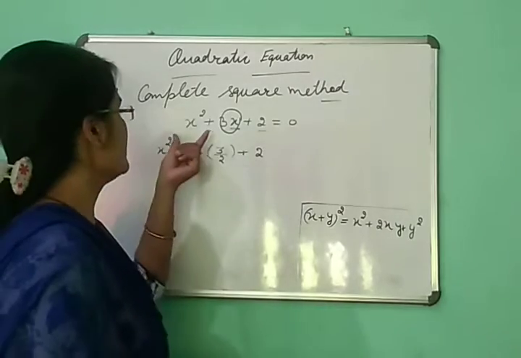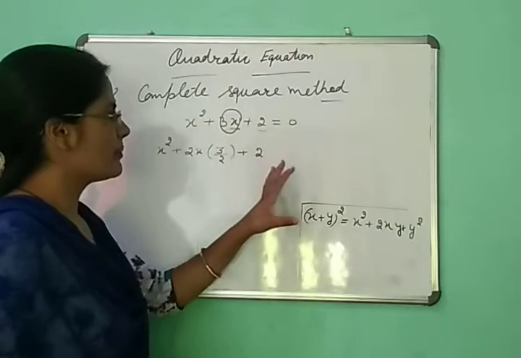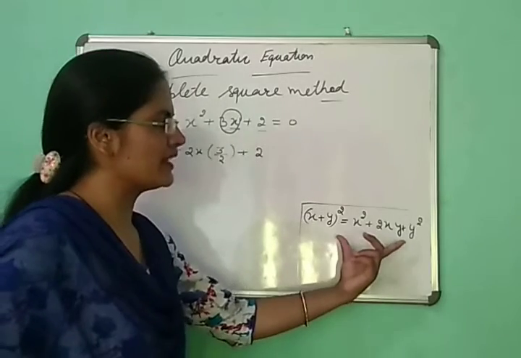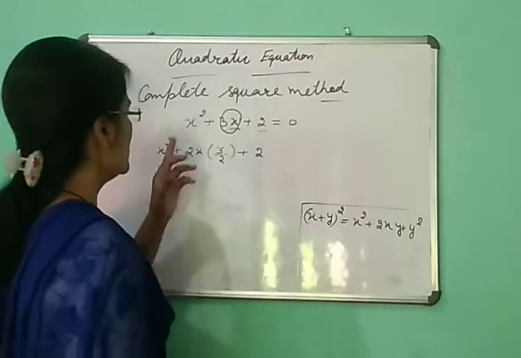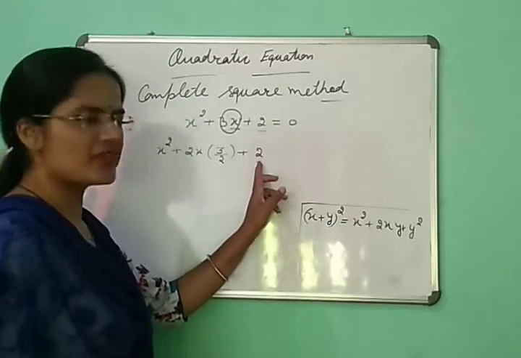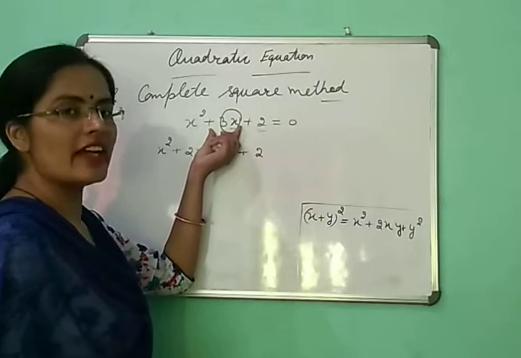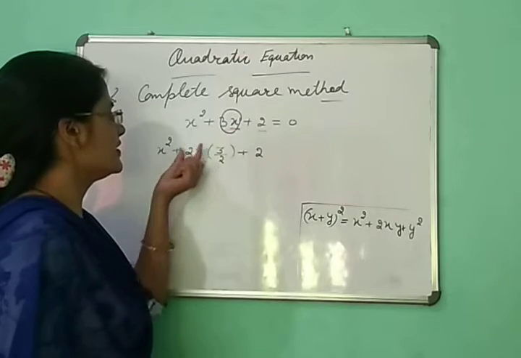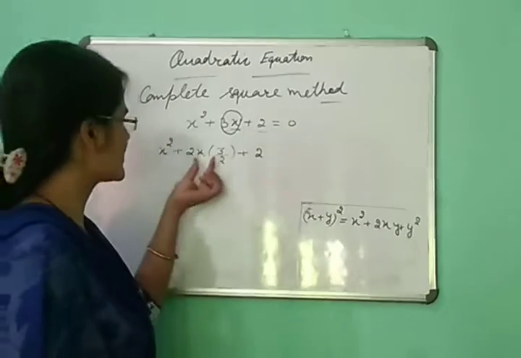Understand? Again see, this one is our quadratic equation. What our method says is that we have to make an expression of the form x plus y whole square. So write down the first term and last term as it is. Now for our second term, the term with the x variable, write 2x as it is from this formula.